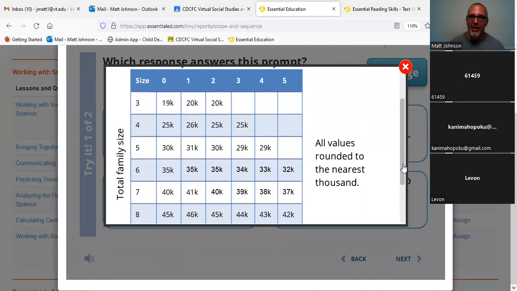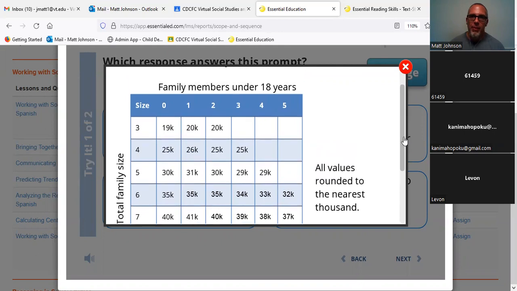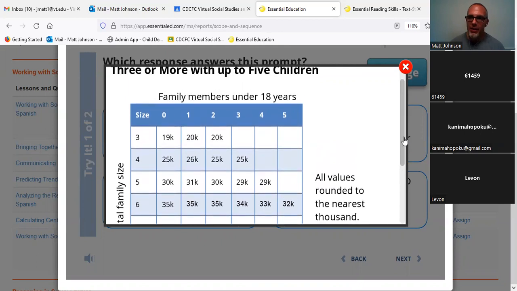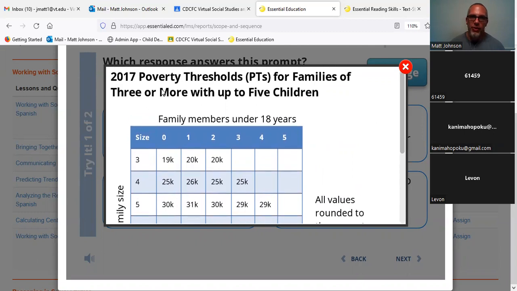The x-axis across the top, right, is family members under 18 years of age. And of course, our title here, 2017 poverty thresholds, the PT, right? That's their shorthand for poverty threshold for families of 3 or more with up to 5 children.